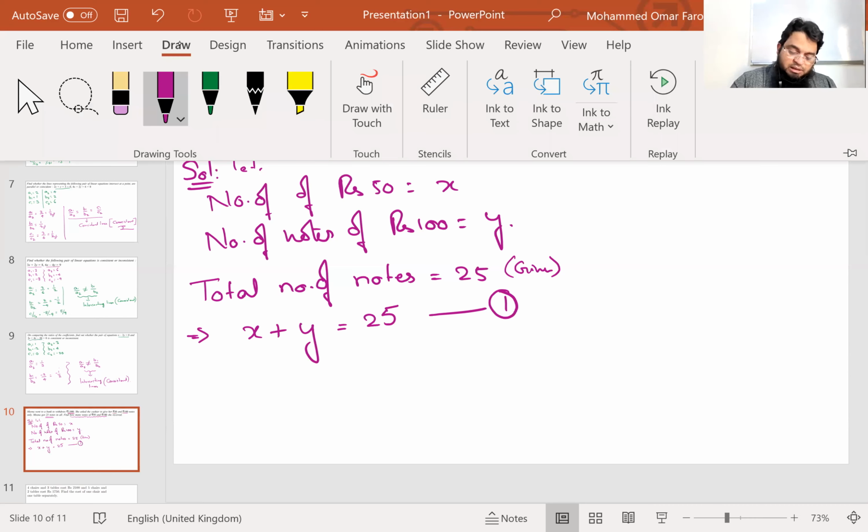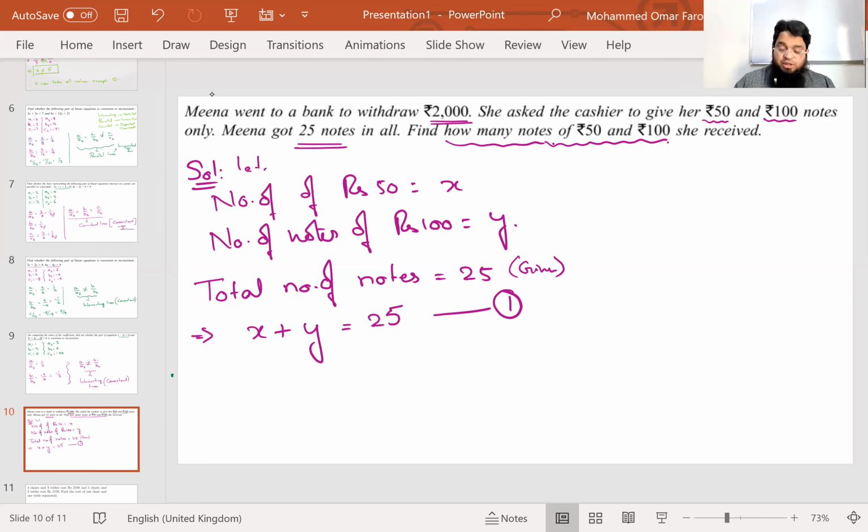So this will be the first equation. Now let us use the next concept: the total cash is 2000. Suppose you have 5 notes of 20 and 2 notes of 100 rupees. You have 7 notes.